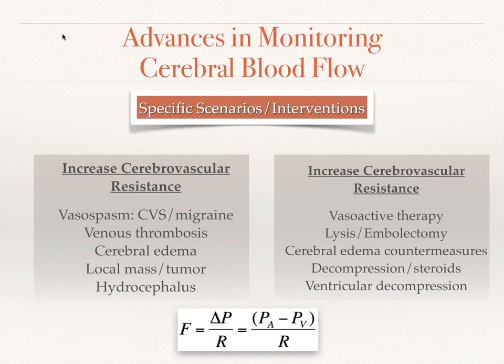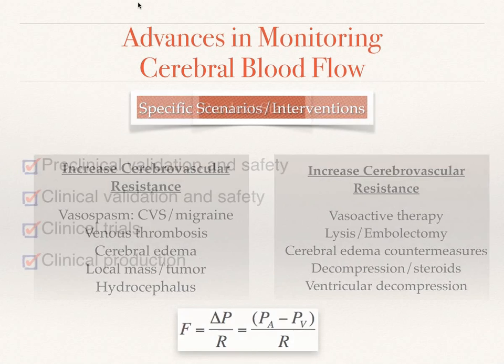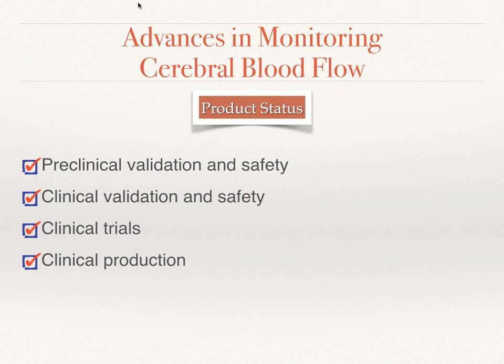In cases of cerebral edema, you may think of cerebral edema countermeasures. When there's a local mass or tumor, decompression or steroids may be in order. And in cases where hydrocephalus is at play, ventricular decompression may also lower cerebral vascular resistance. I'd be curious to know from the participants online if you think these are clinical conditions that might benefit from measuring cerebral blood flow.